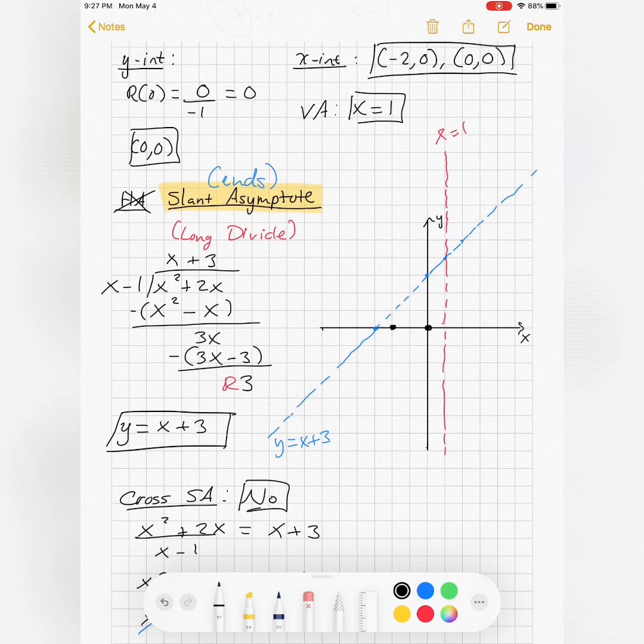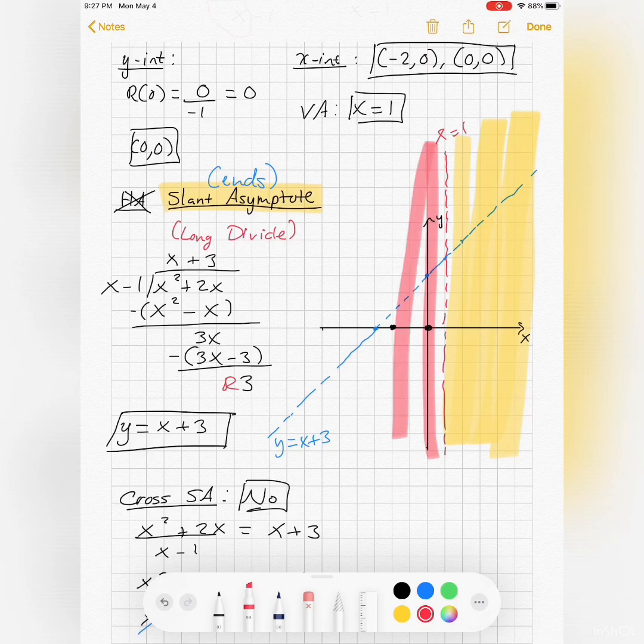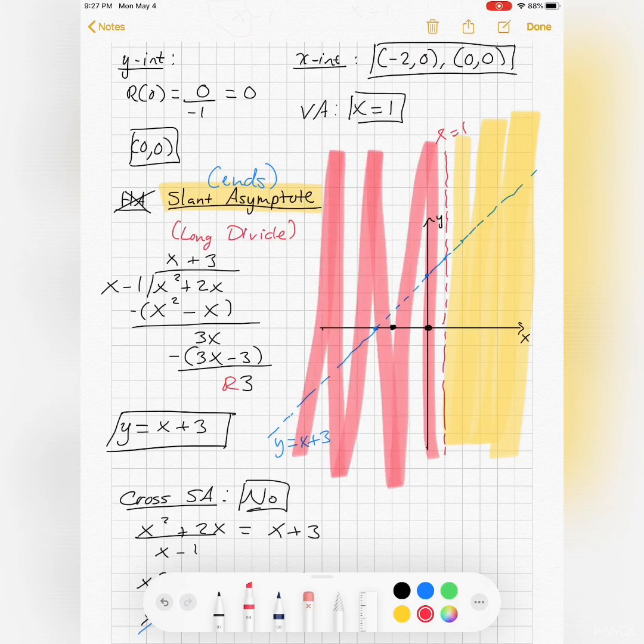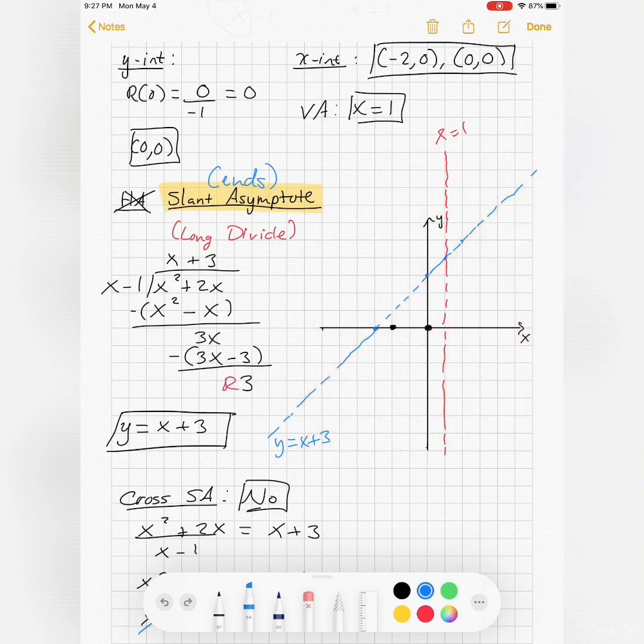Okay, so remember, now I need to fill in. Remember, there are only two regions. Something happens here, and something happens here. Okay, let me tell you something that students like to try to do with these problems. They like to say, oh, well, on the left, I'm going to put something here and then something here.